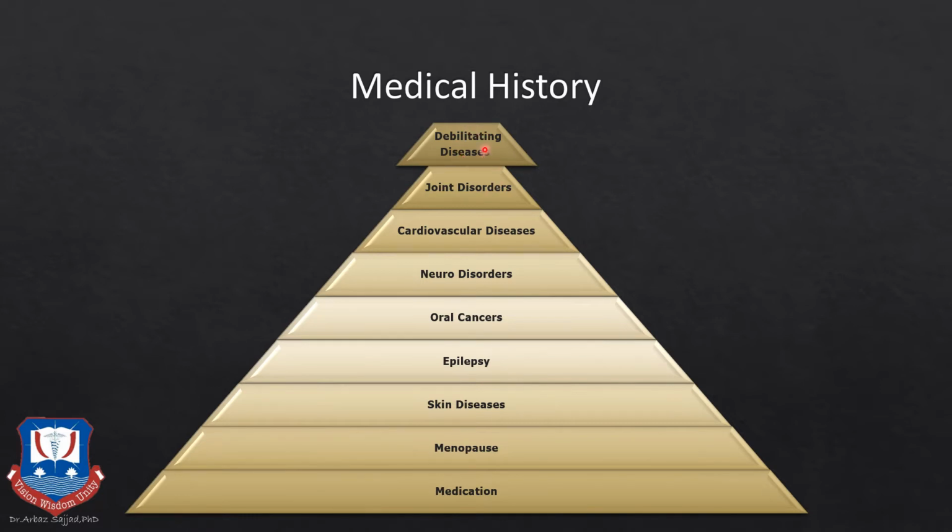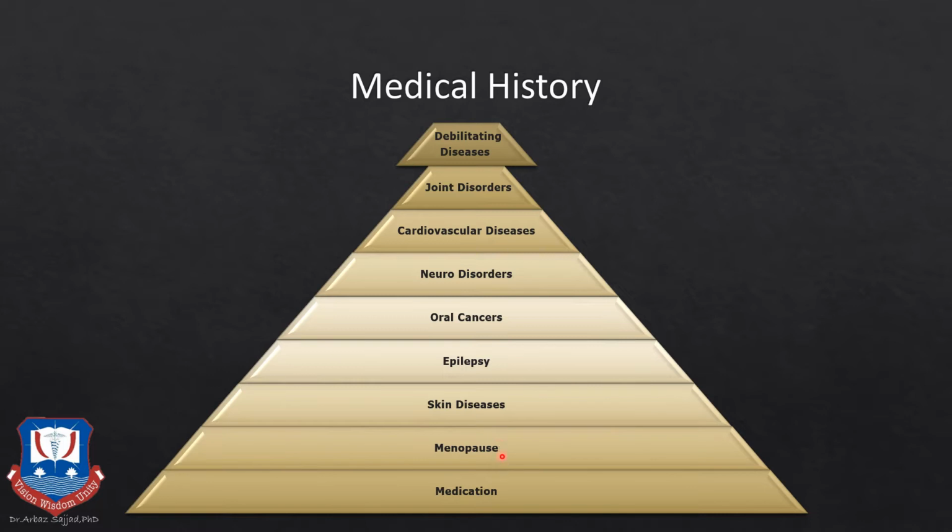These may include debilitating diseases like diabetes, joint disorders such as rheumatoid arthritis or osteoarthritis, cardiovascular diseases like MIs, anginas, and any cardiovascular procedures such as bypass surgery that have been done in the past, neurological disorders such as Parkinson's, Bell's palsy, or if the patient has any oral cancers or may be showing signs and symptoms of any oral malignancies, whether the patient has a history of epilepsy and is on anti-epileptic medication, whether there are any skin diseases that have oral manifestations and may affect the success of the complete denture treatment.